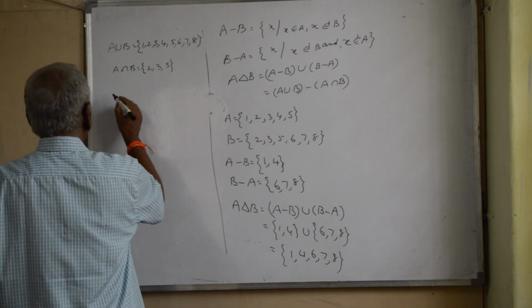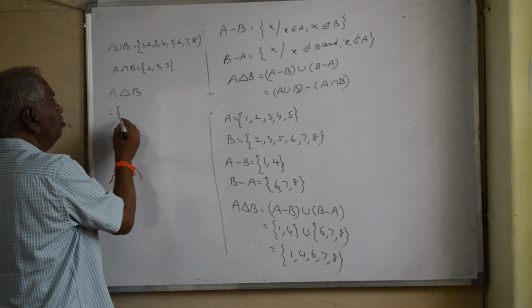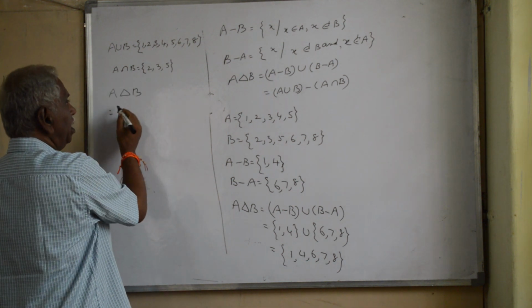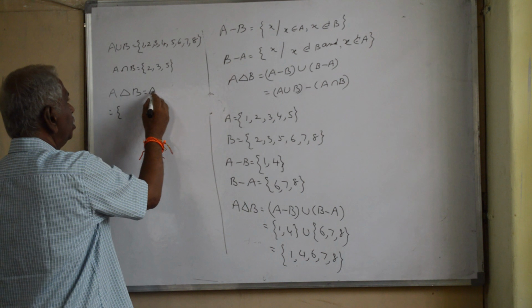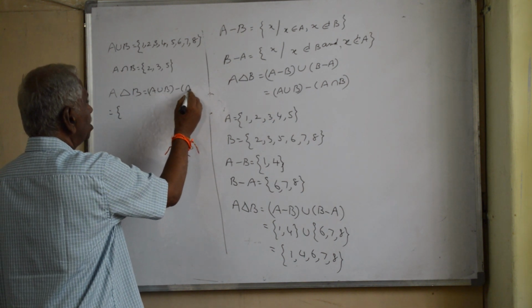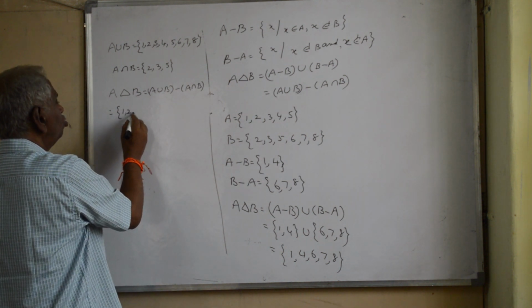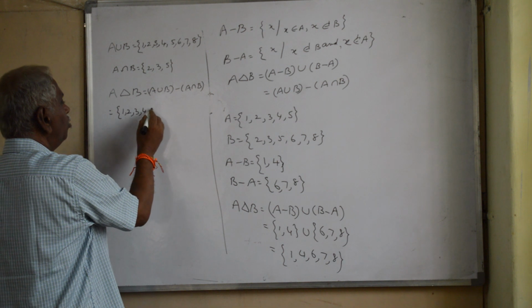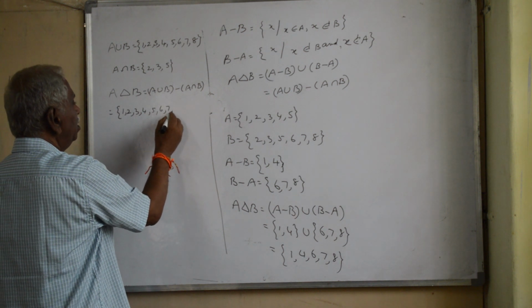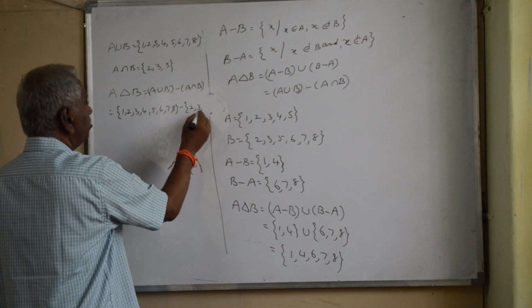Let us consider A delta B. So A delta B is equal to A union B minus A intersection B. What is A union B? 1, 2, 3, 4, 5, 6, 7, 8 minus 2, 3, 5.